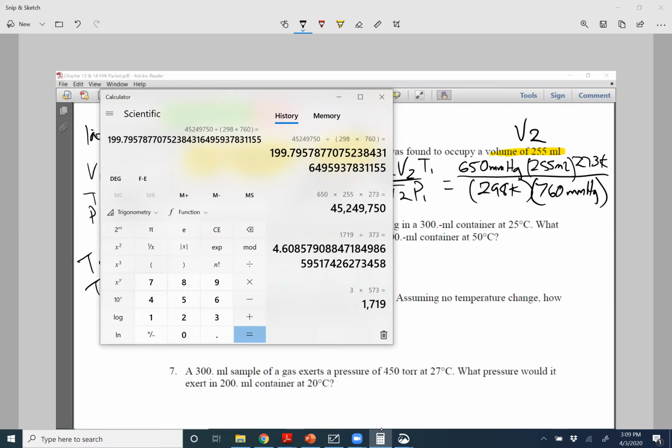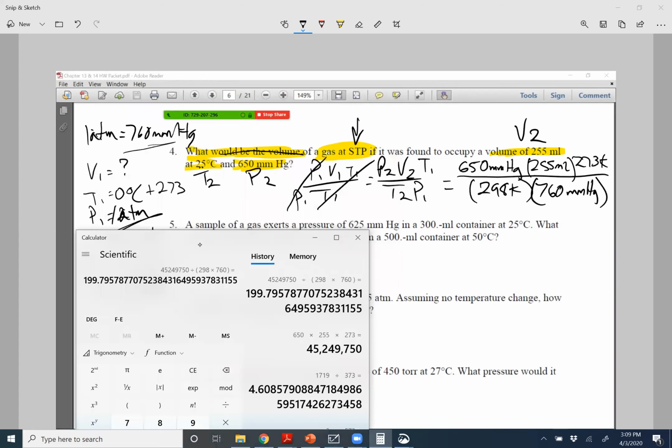Let's see if that makes sense. Should the volume have gone up from 200 to 255? So the volume originally started at, according to our answer, 200, and our temperature originally was 0. Our temperature went up, which should make the volume go up. However, our pressure went down by quite a bit, so that should make the volume go up. So let's make sure we wrote everything in the right place.